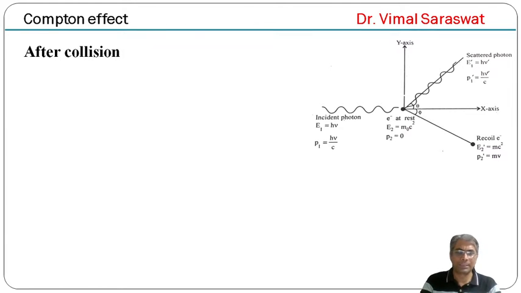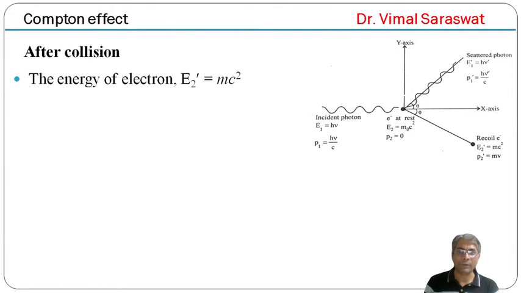Now after collision, the energy of the electron E2 dash equal to mc square, and before collision the energy of the electron was E2 equal to m naught c square, that is rest mass energy. But after collision it gains some velocity, so its energy after collision is E2 dash equal to mc square.